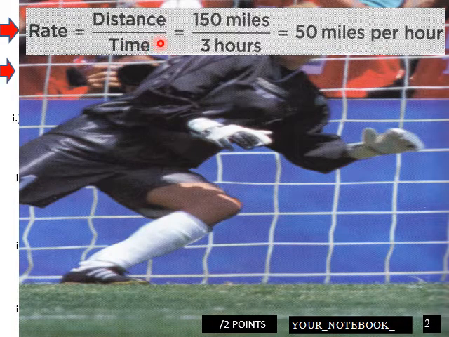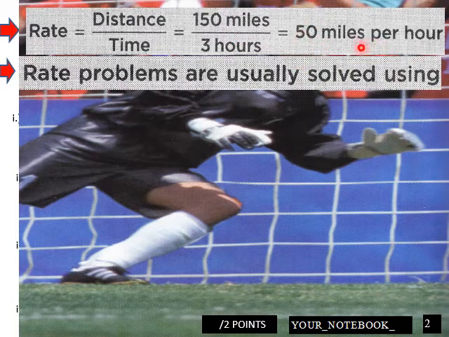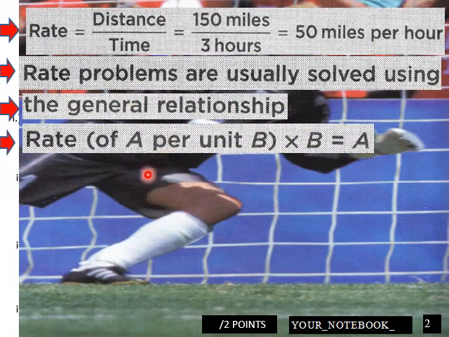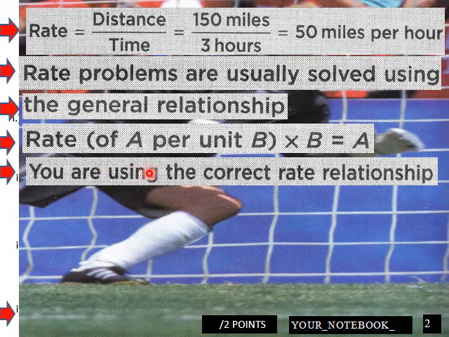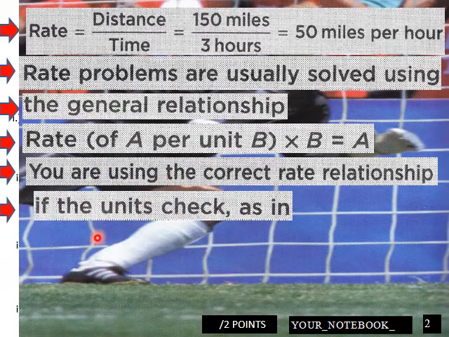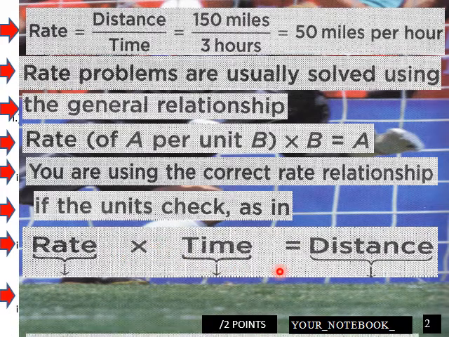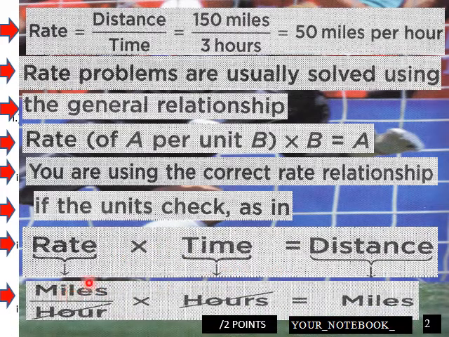So here, the rate equals distance over time, 150 miles over 3 hours, which equals 50 miles per hour. Rate problems are usually solved using the general relationship rate times B equals A. You are using the correct rate relationship if the units check, as in rate times time equals distance: miles per hour times hours equals miles.